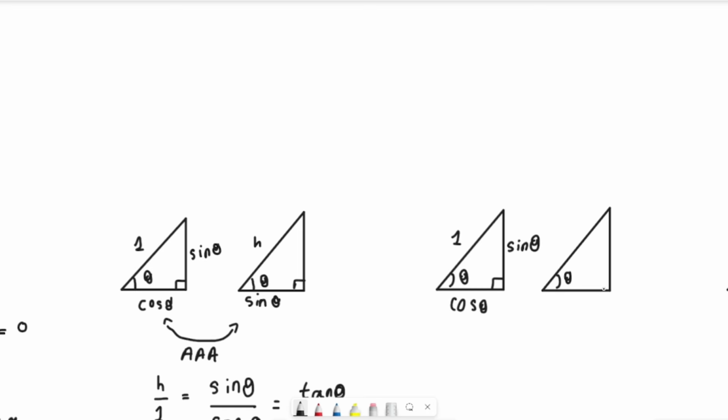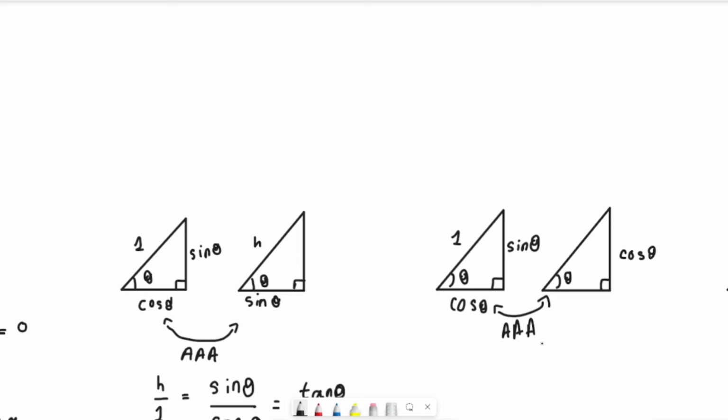And notice how in the other triangle we had similarity. We also have the same thing going for us here. If this is cosine of theta, notice that both of these are similar, how both of these were similar, by the same identity, which was AAA, angle, angle, angle.